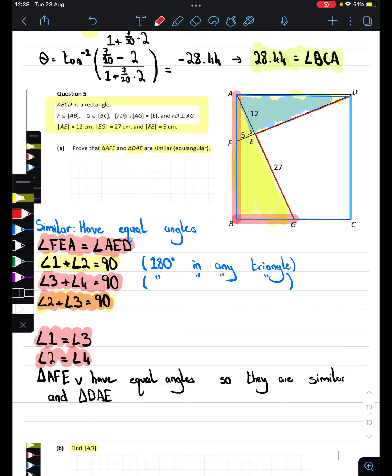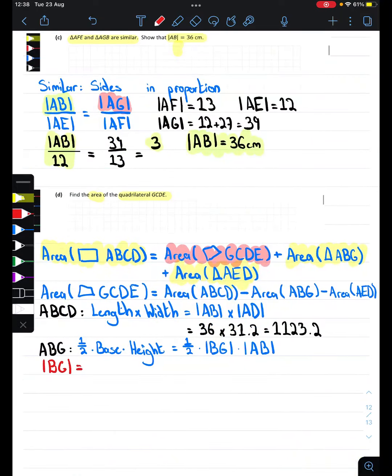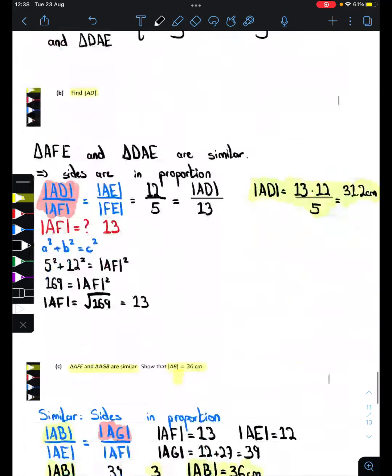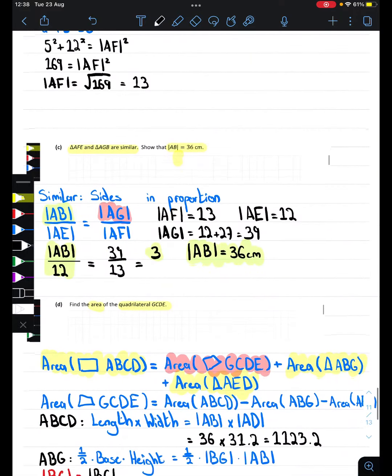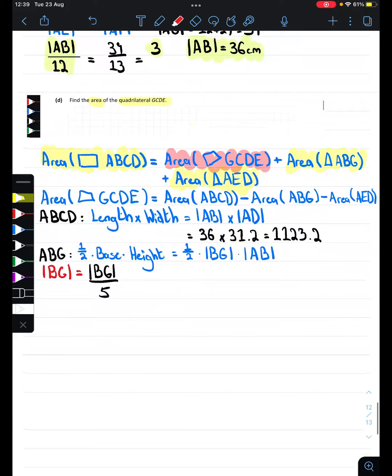And so BG over 5, the sides opposite the shortest angle, will be equal to these, because the sides are in proportion. So BG over 5 equals 3.